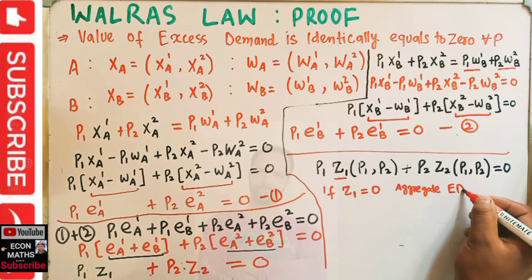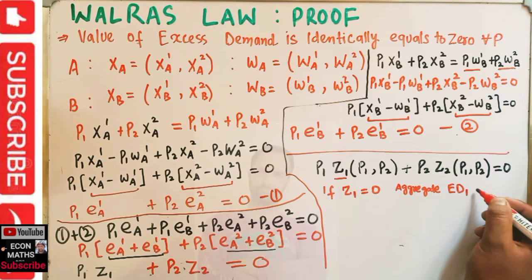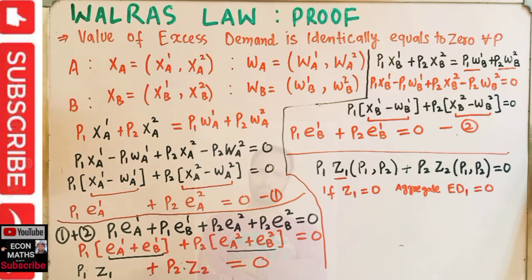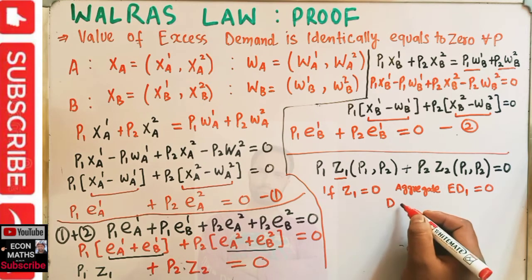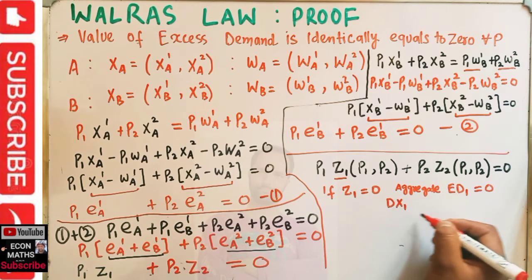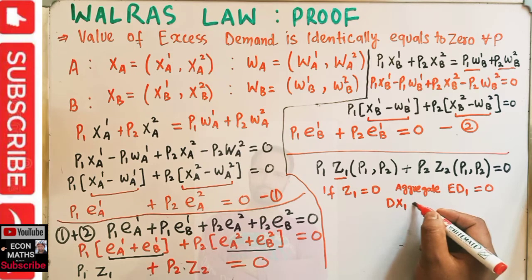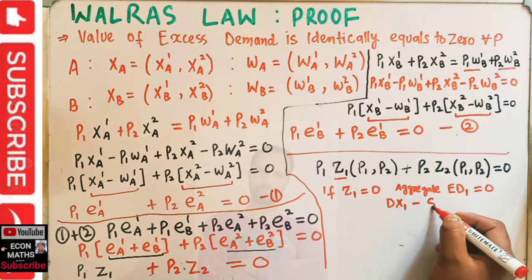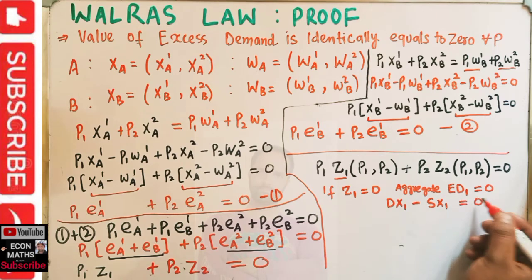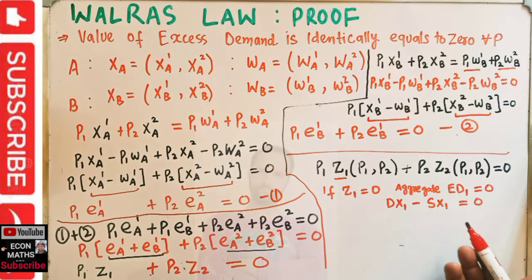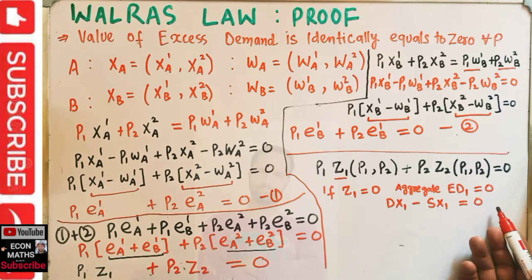That means demand of good 1 minus supply of good 1 is equal to 0, and this is the definition of the aggregate excess demand being equal to 0.